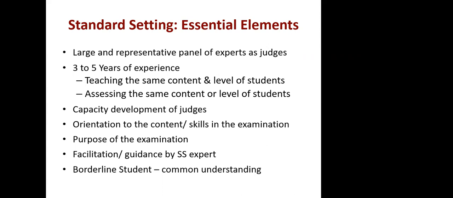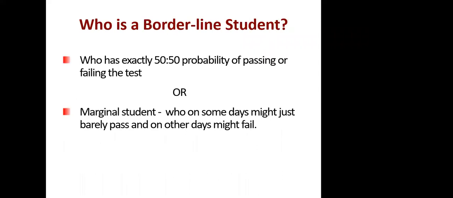And these judges are guided or facilitated by a standard setting expert who is a facilitator of the process. And they all should have a good common understanding of a borderline student. A borderline student is the central theme of almost all standard setting methods. And who is a borderline student? A borderline student is one who has exactly a 50-50 probability of passing or failing the test.